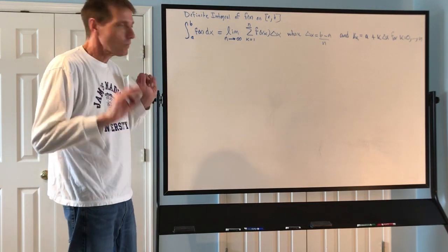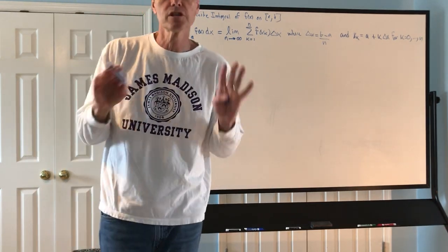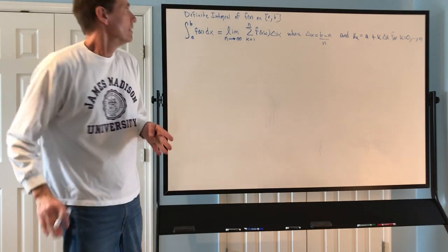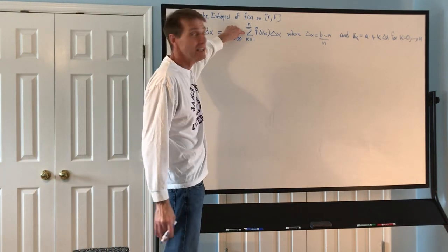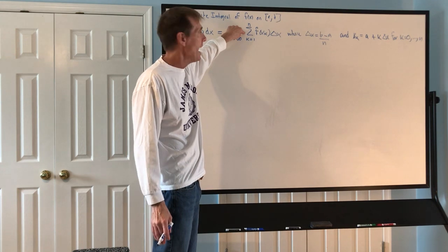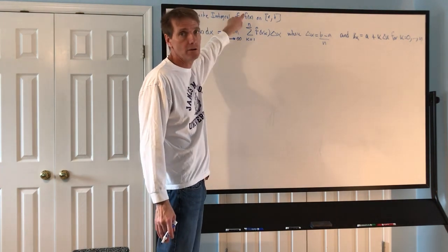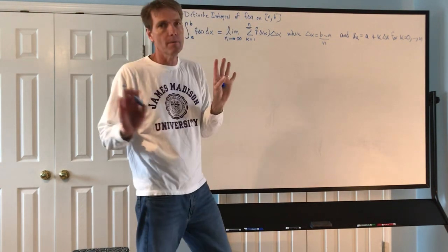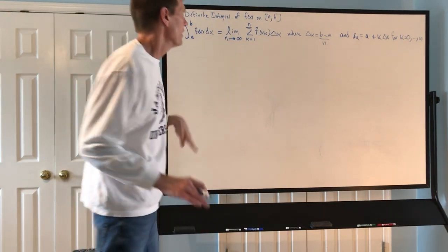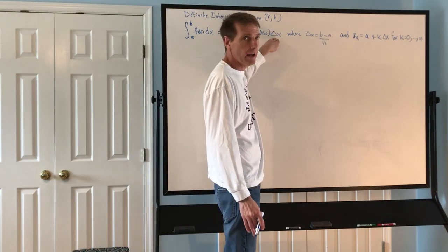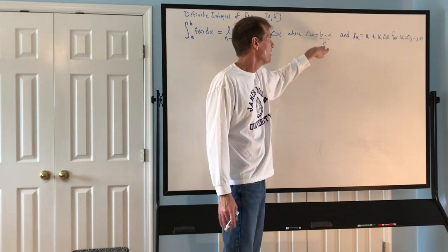What we're going to do today is unpackage this a little bit. You have to remember that this symbol just means to add. You start at 1 and you go to n. So forget the limit for a moment. And this delta x is b minus a over n.